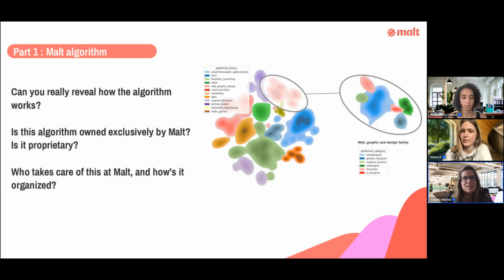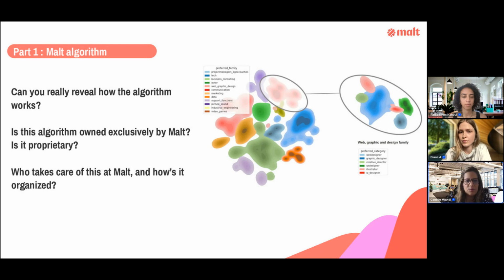If clients tend to look for freelancers that have already worked on Malt, or that have a certain number of recommendations or experiences, then the algorithm will push these profiles more. So it's what the human actually does that the algorithm tries to replicate.